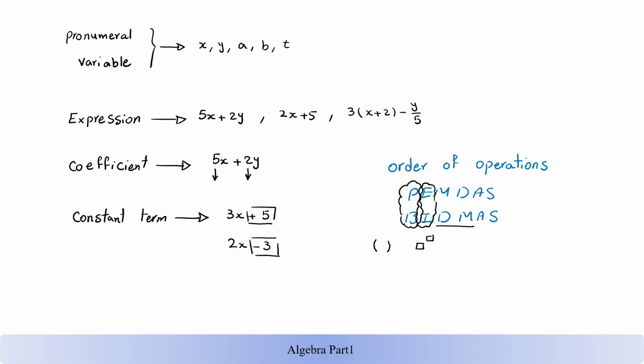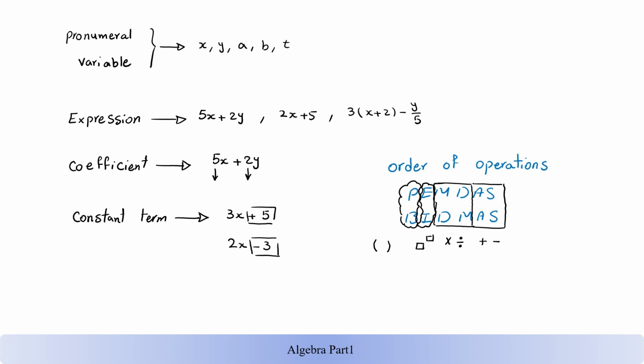The third one, I would like to draw a box for that. No matter if M comes first or D comes first, it is multiplication or division. D for division, M for multiplication. And also, no matter which one comes first, addition or subtraction. A for addition, S for subtraction.